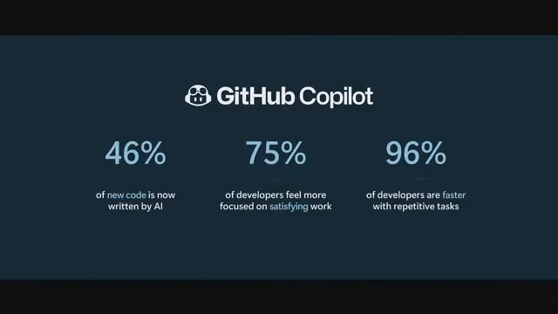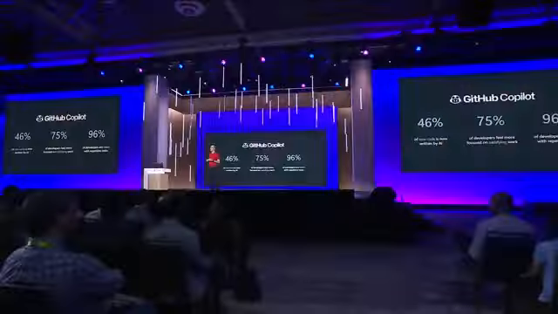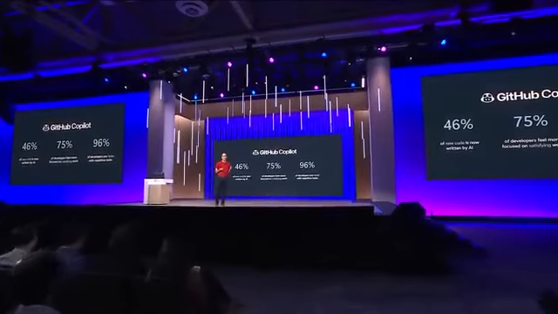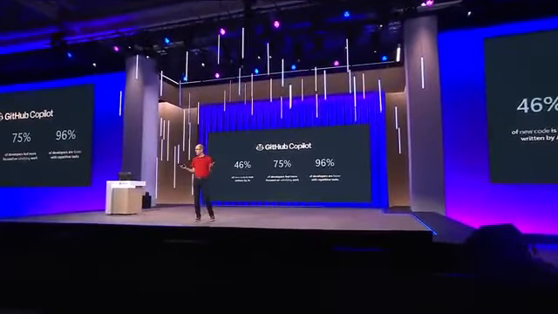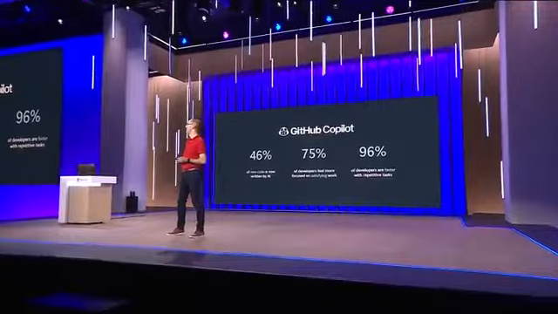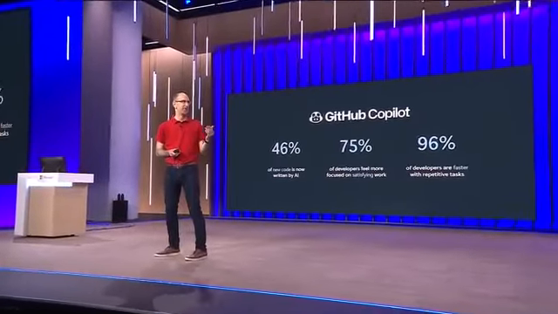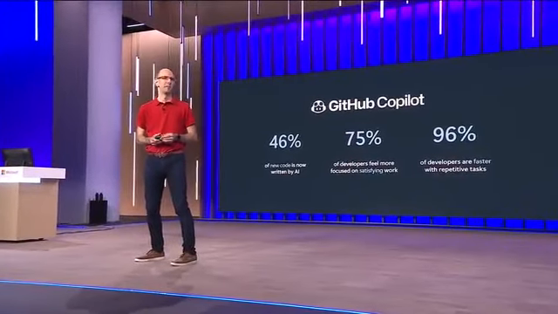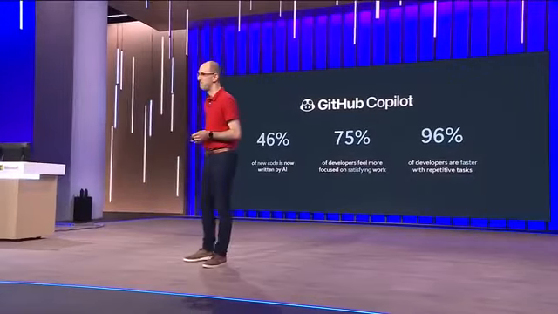No one really loves debugging regular expressions, and you can now enjoy your jobs more. And 96% of developers report being able to complete repetitive tasks a lot faster. And we now have over 1 million developers using GitHub Copilot around the world today. And again, we're excited to have everyone here in the live audience be able to take advantage of the latest GitHub Copilot Chat capability starting this week.